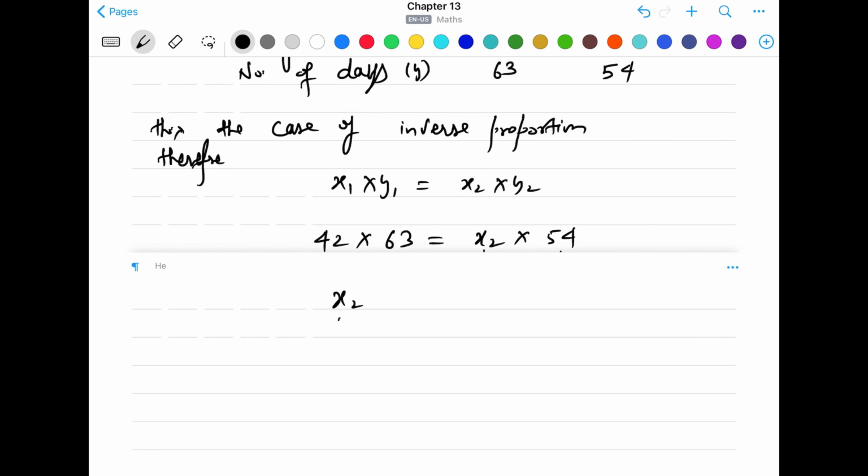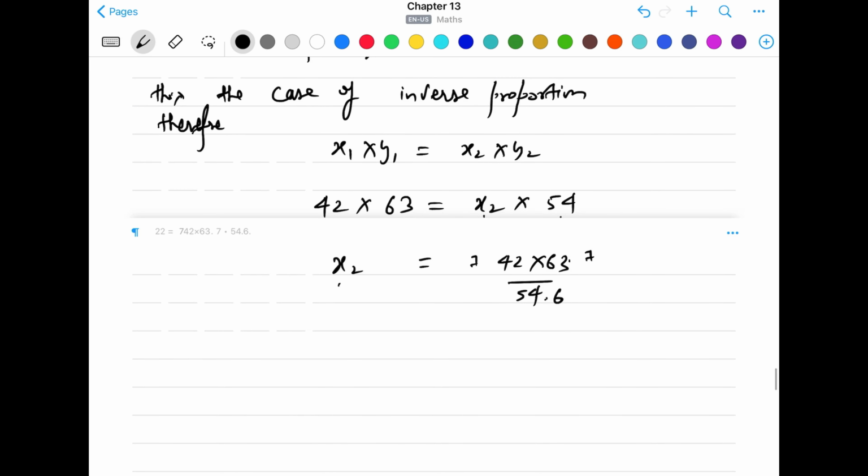Let's do the calculation. Keeping x2 here, this 54 will go in the division: 42 divided by 63 multiplied by 63 divided by 54. You can divide these by 9. 9 into 6 is 54 and 9 into 7 is 63. So 42 divided by 6 will give us 7 here.